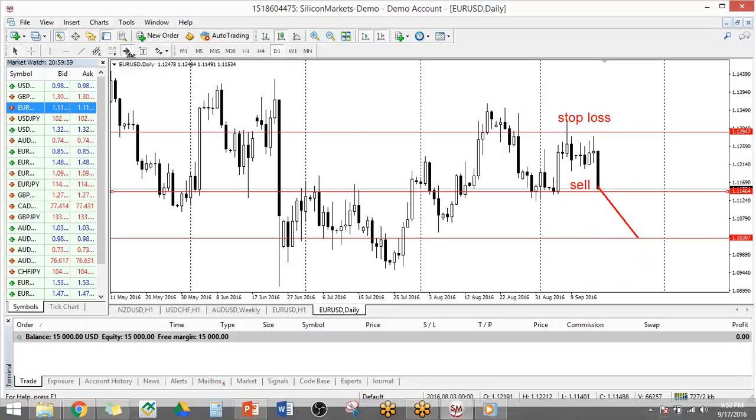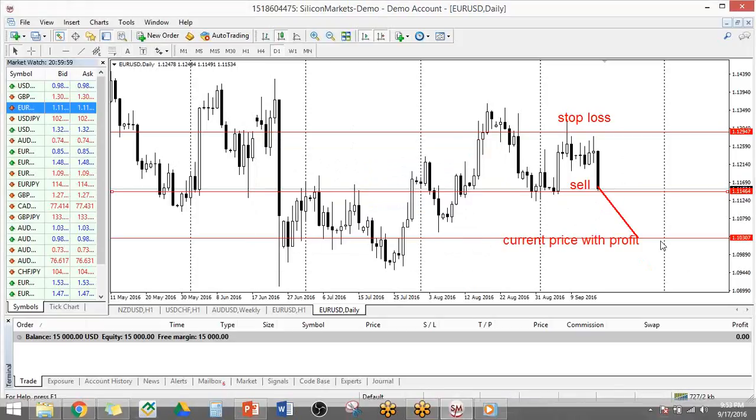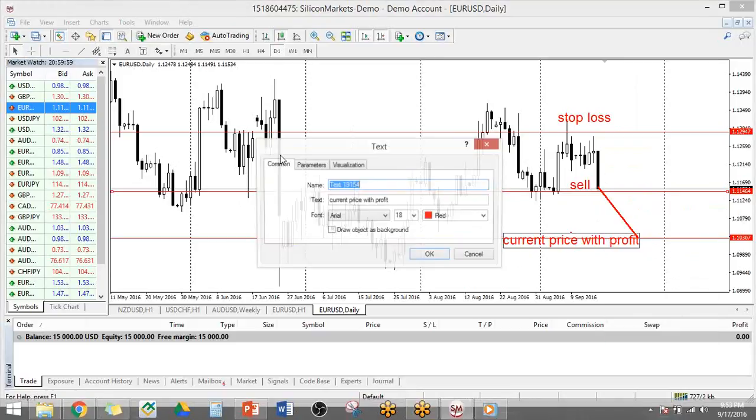Let's put a marker there: current price with profit. If we sold here and it's already here, that would give us, let's say, 115 pips profit. So let's write it down here: 115 pips.